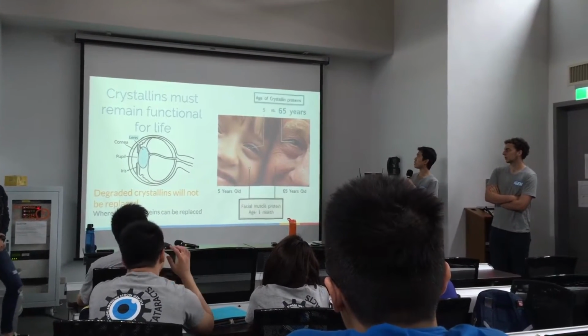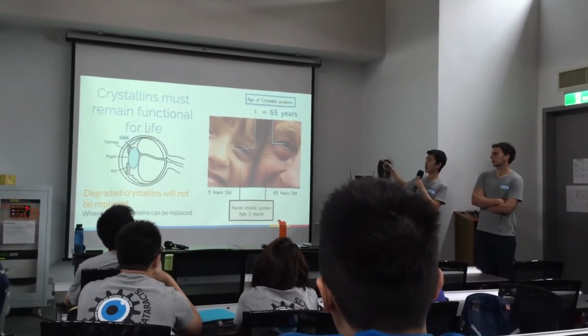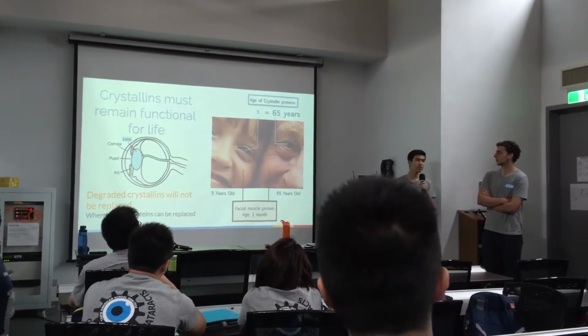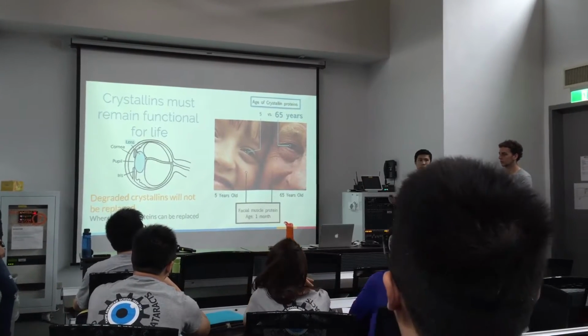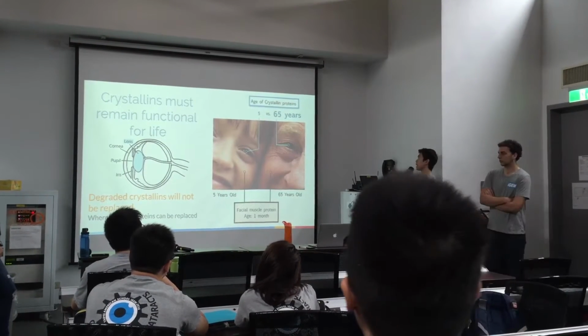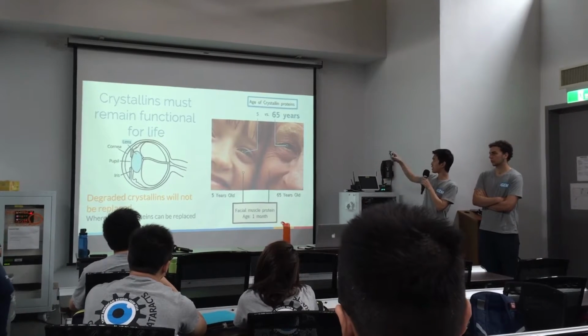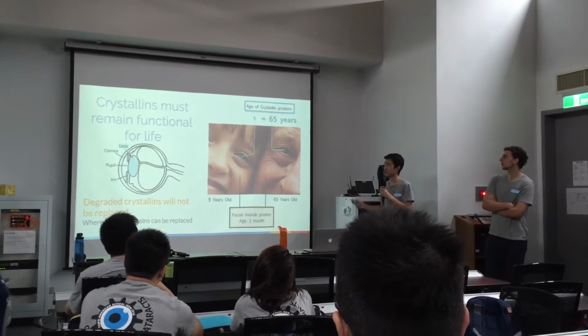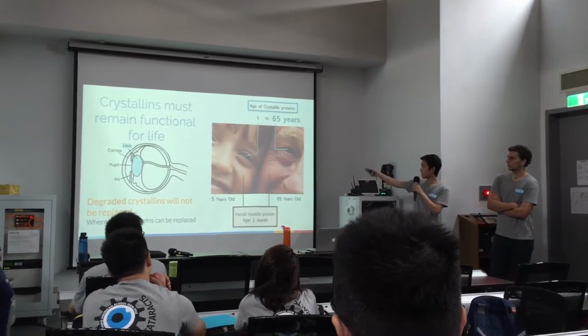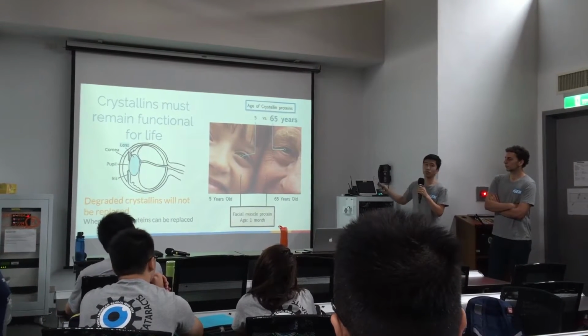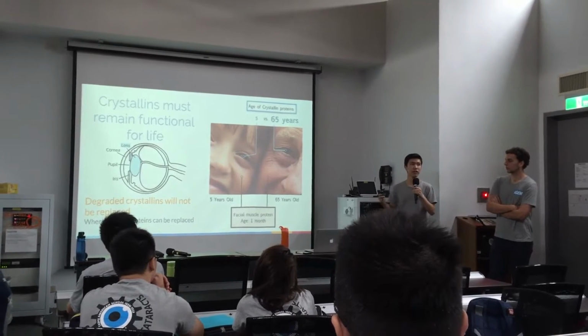That's interesting because if we go back to the crystalline proteins, the age of the crystalline proteins in the 5-year-old kid would be 5 years old, while in the 65-year-old man they would be 65 years old. What that entails is the crystallines in the lenses of the man must remain functional for all 65 years.